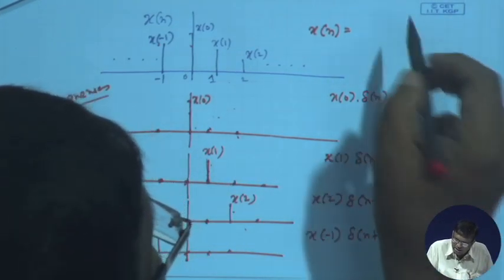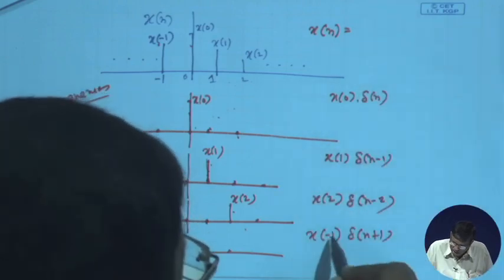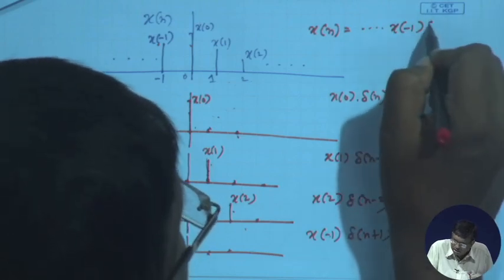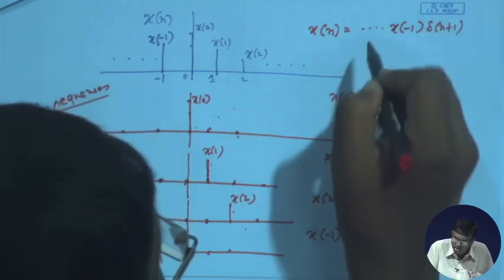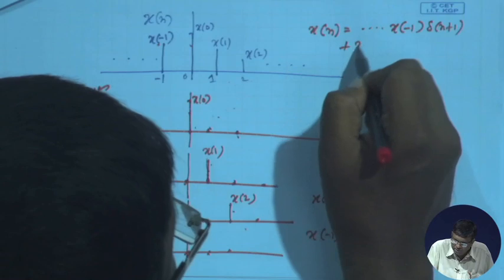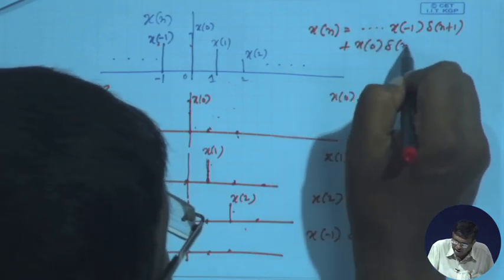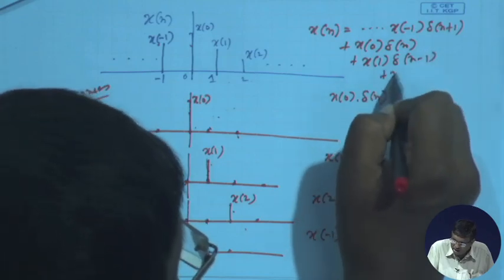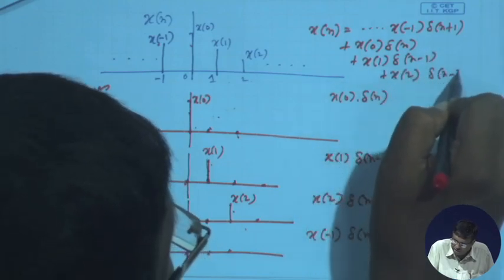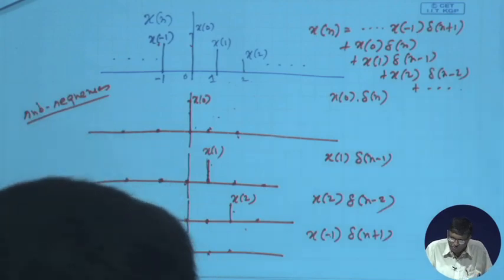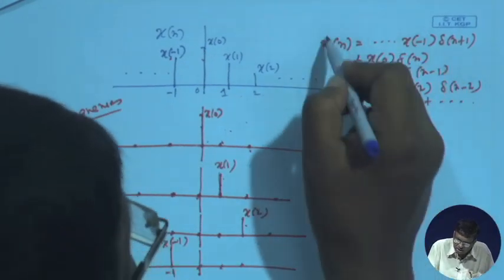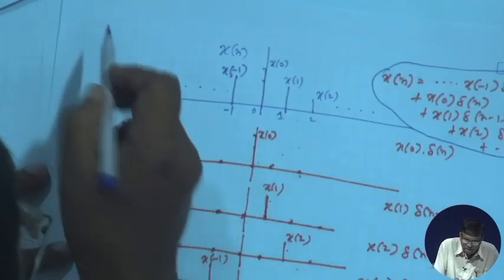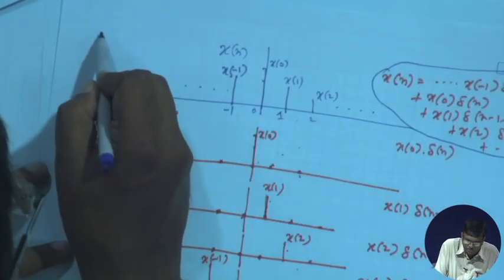So, you can write like this: x minus 1 delta n plus 1, then x 0 delta n, then x 1 delta n minus 1, x 2 delta n minus 2 and so on. This entire thing you can write in a compact form like this.